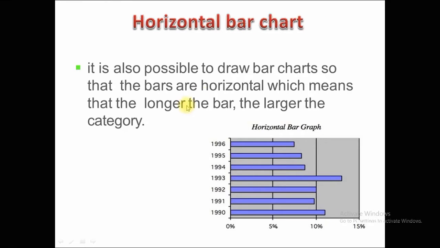Now, horizontal bar chart. It is also possible to draw bar charts so that the bars are horizontal, which means that the longer the bar, the larger the category. In the horizontal bar chart, we present the categories along the vertical axis and the discrete value along the horizontal axis.